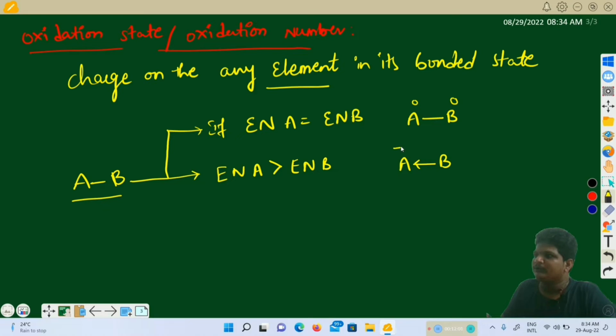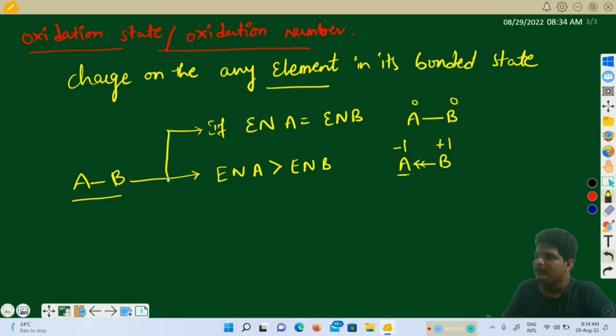So here A will get a negative charge and B will get a +1 charge, that is, a positive charge. Due to the higher electronegativity of atom A, the bonded electrons are pulled towards A. That's why A gets the negative charge.